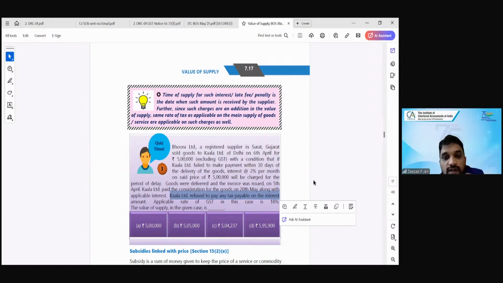So the value of the goods is 5 lakhs and the interest component is 4,237. So the correct answer is 5 lakh 4,237. Okay, sir. Thank you. So be careful wherever you have to do gross up, you will have to do gross up in those cases.